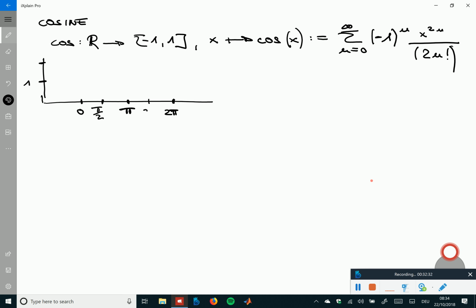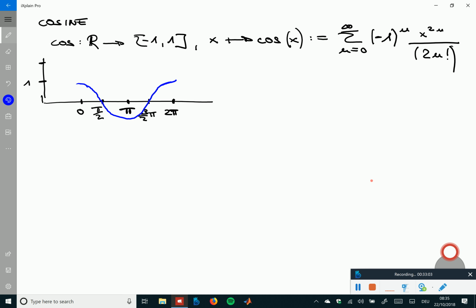This is 3 half pi. So you go down here, no, almost, let's make this blue. No, it's not awesome, but it kind of is okay.